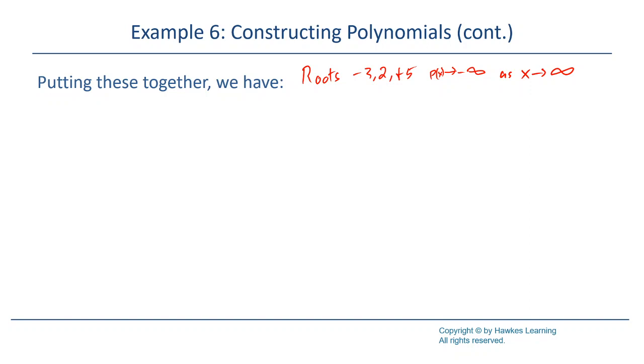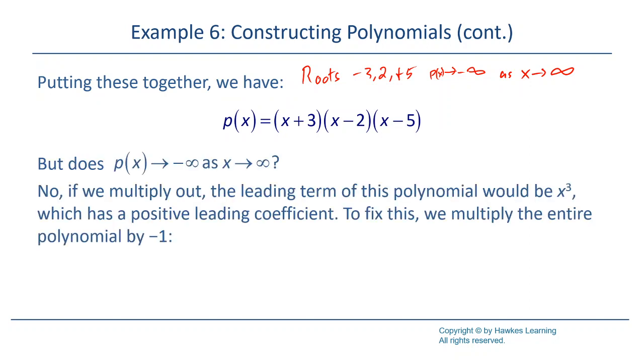So if we put the roots together, again, -3 is a root, 2 is a root, and 5 is a root. So you write it as x minus that root. So every plus becomes a minus, every minus becomes a plus. But does this happen? The second part.